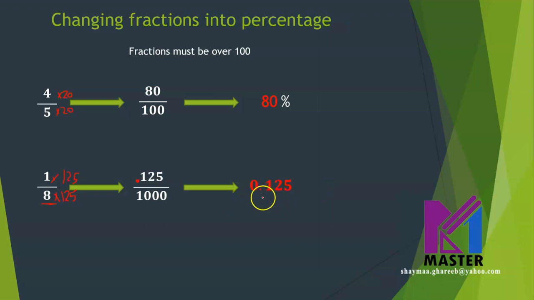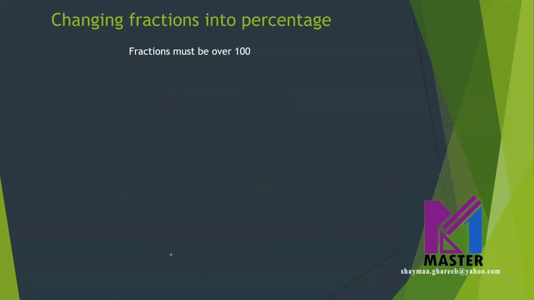And how do we change a decimal number into a percentage? From the previous videos, if you remember, when I multiply any decimal number by 100, I will get the percentage. So when we multiply this by 100, the decimal point will move 2 places to the right, so it will be 12.5%. Is this clear?